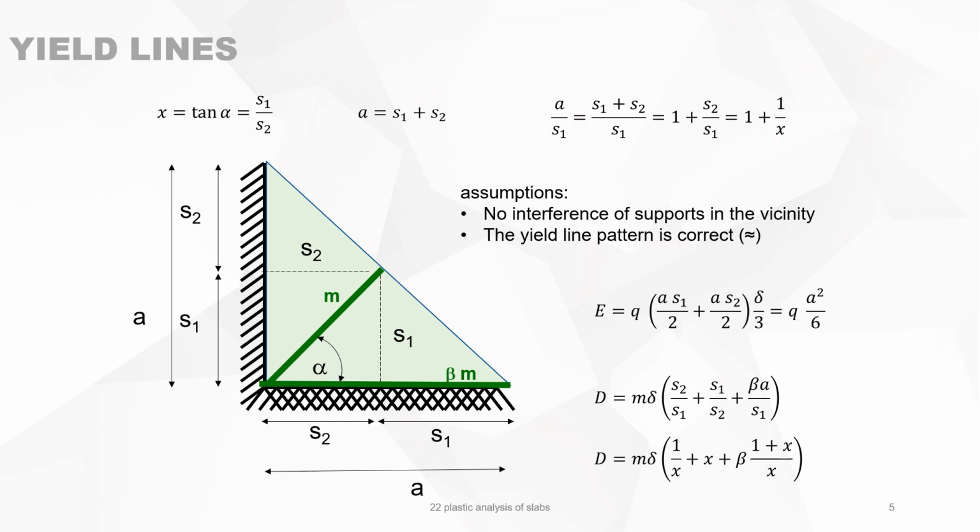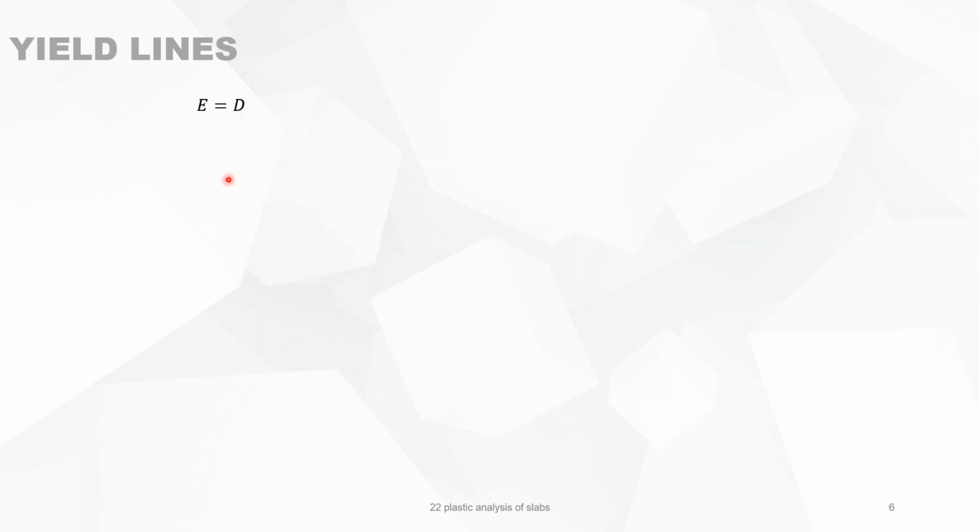Then we have this expression. E is equal to D, and we rearrange the equation and get M, and M is qA squared over 6 times x divided by x squared plus beta x plus 1 plus beta. So beta is a degree of fixation of the line support, and x is the tangent of the angle alpha.